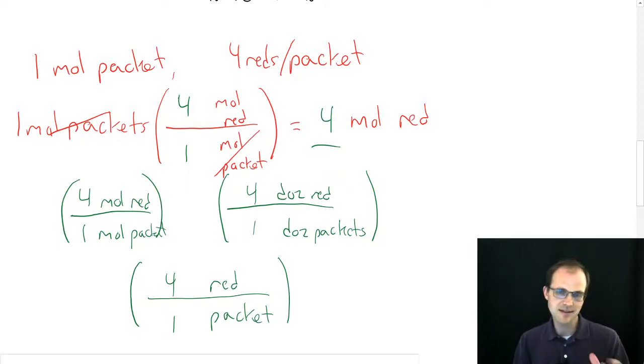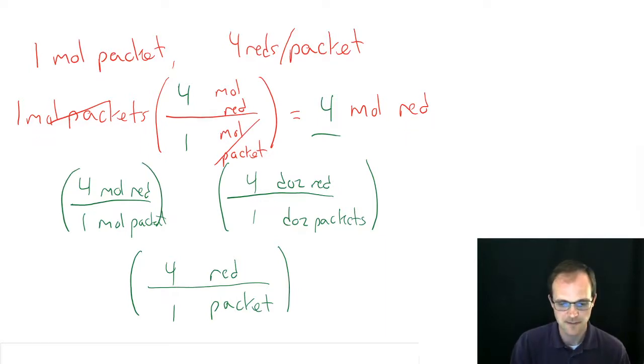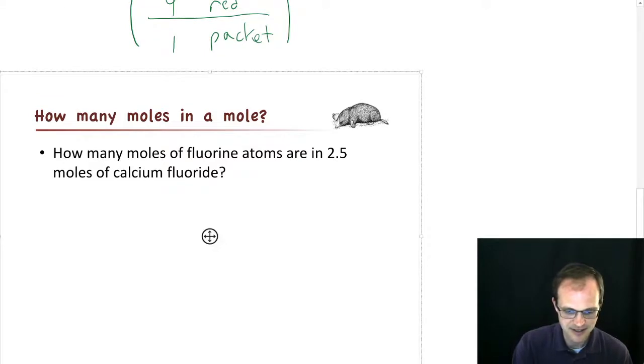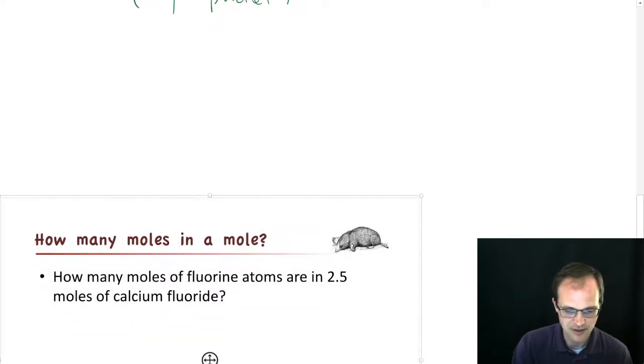So maybe it's just starting to sink in just a tiny bit, but where does this get us usefulness? It gets us usefulness when we have stranger numbers, when we want to know, again, I'm going to move this guy down because I don't want him here yet.